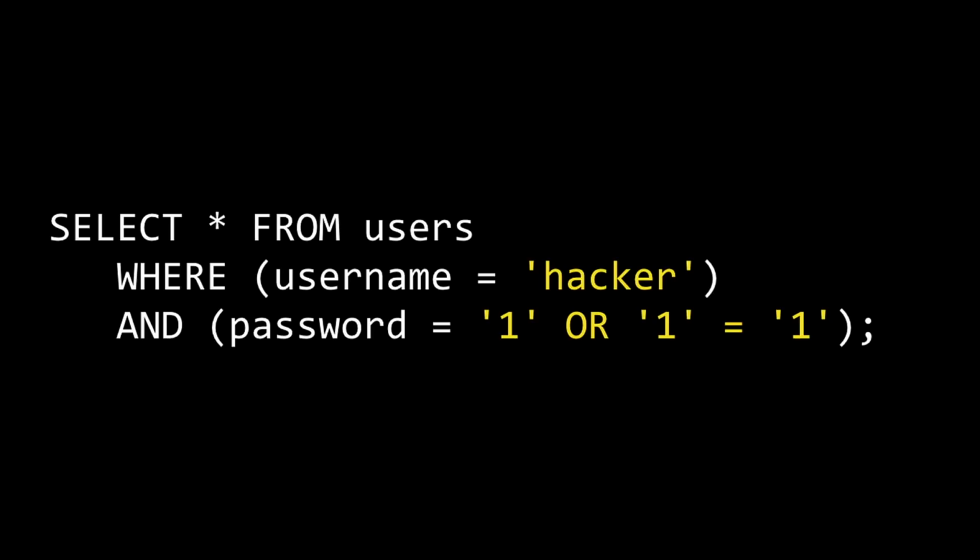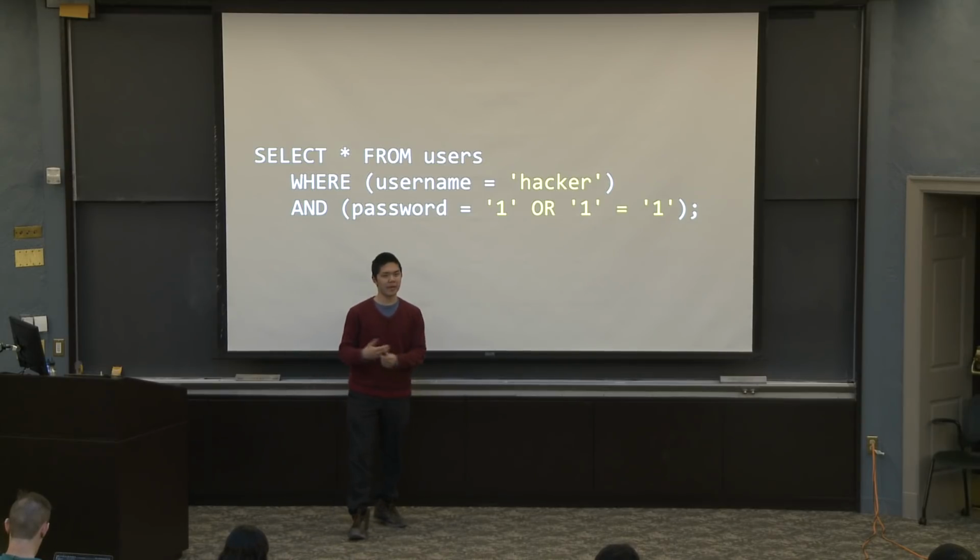And when we plug in exactly what he typed as the password, we get select star from users where username equals hacker and password equals 1 or 1 equals 1. And this is always, of course, going to be true. And the result of this is that this query could result in giving a user access to an account that they shouldn't have. It could result in someone being able to access data, modify data, delete data. And so this threat is definitely very real.